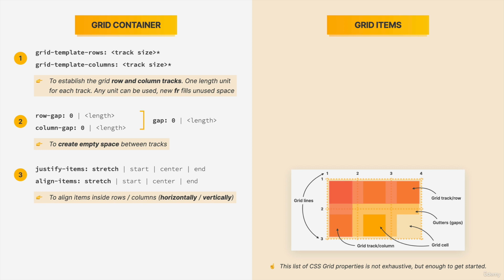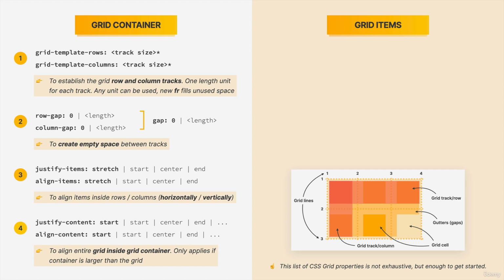So I will not go over all of these here now one by one, because of course we will do that in practice. But anyway, there are also 2 less important properties on the grid container, which are justify-content and align-content. So these only apply if the container is actually larger than the grid. And so these are usually not that important.